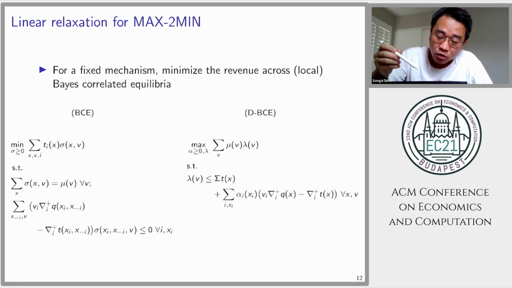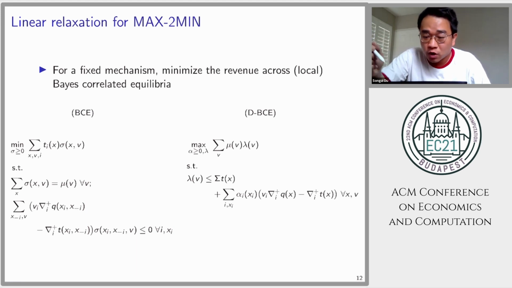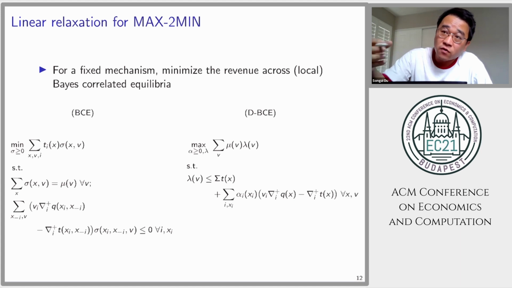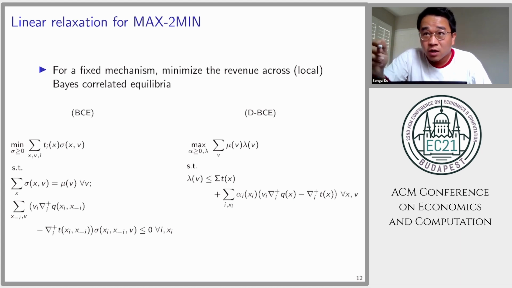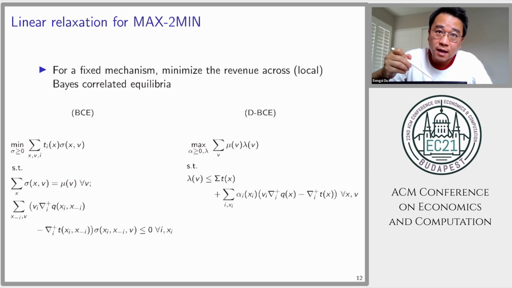One natural lower bound on the equilibrium revenue for a fixed mechanism is that we minimize across Bayes correlated equilibria for the fixed mechanism. That is written on the left-hand side, except I'm just looking at a local BCE, just looking at the local obedience constraint.